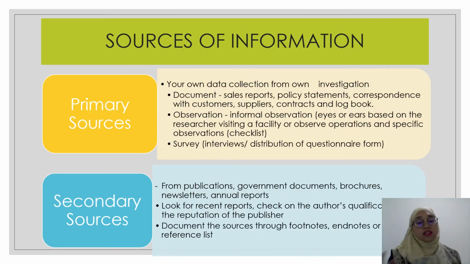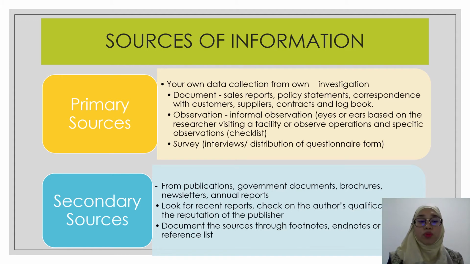All right. So it is very important to understand the sources of information. Previously, you learned how to combine terms, how to get the topic, to search for the articles or the sources. In academic writing, there are two sources of references.